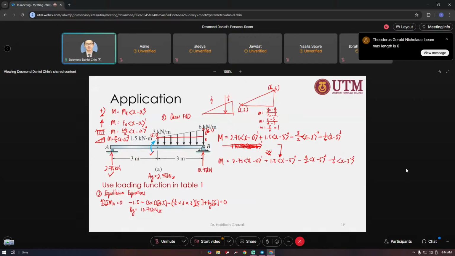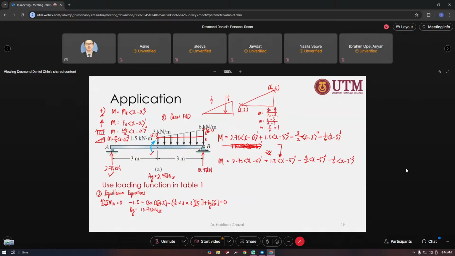Okay. I will give you 80% correct answer, but I want a full explanation. Why? Point B acts at exactly x equal to 6. Not less, not more. Right. 85% correct, but I want a very specific explanation.